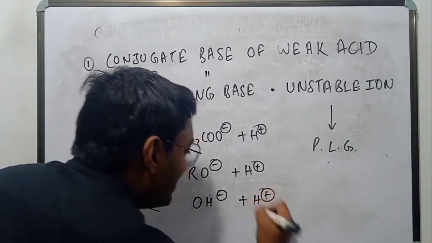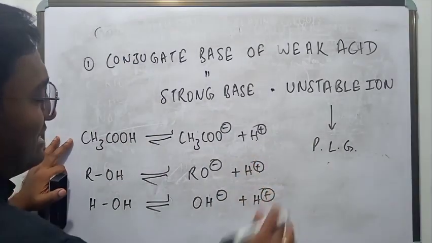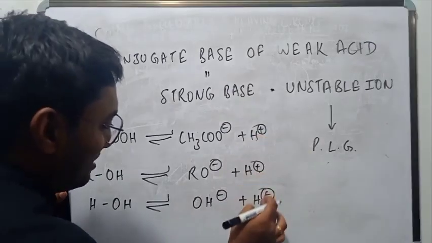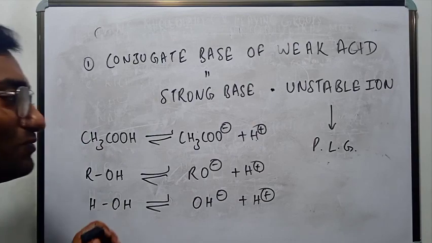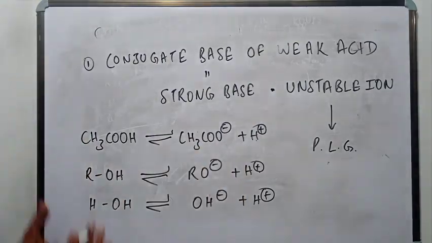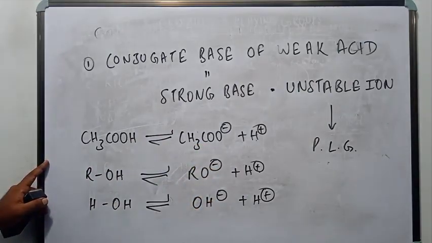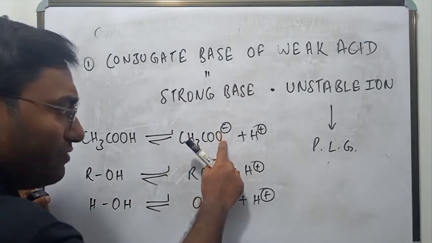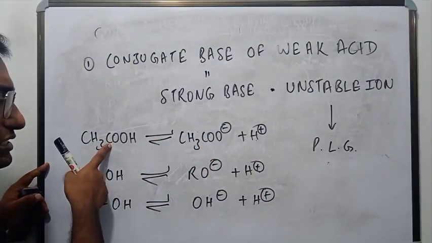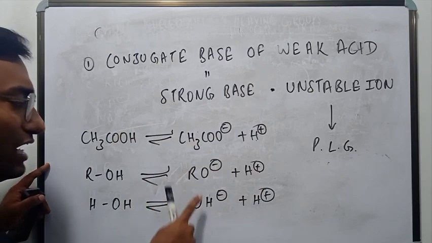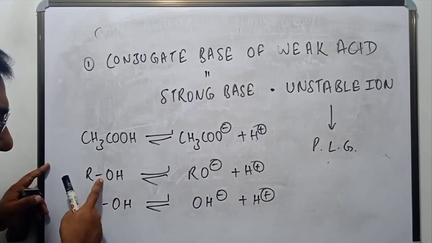Look at these. I agree, everything is emitting H plus. They are dissociating to give H plus. That makes them acidic. Of course, we are not saying weak acid or strong acid, but acidic. The main thing is, look at the conjugate bases of these. Are they giving their electron pair back to H plus to form CH3COOH? Yes, they are giving. Is the alkoxide ion giving its electron pair back to H plus to become ROH? Yes.